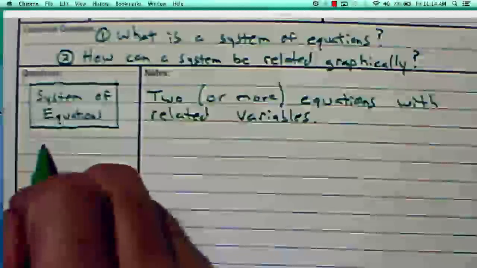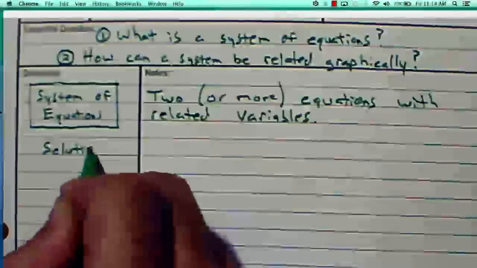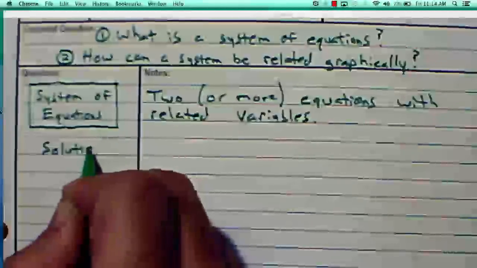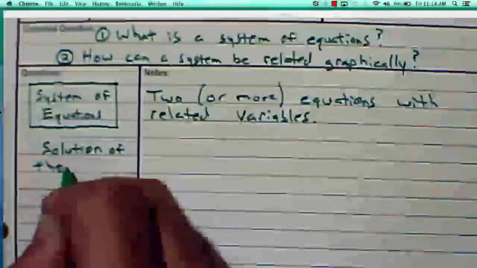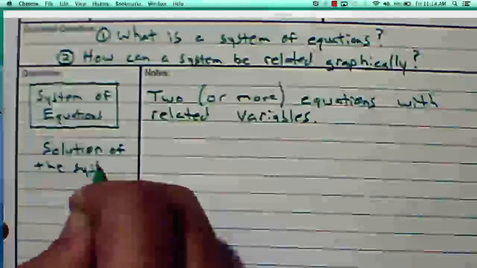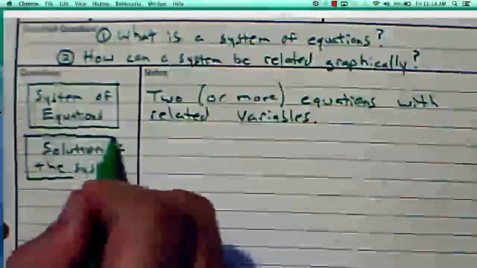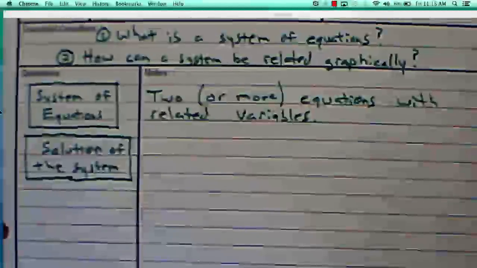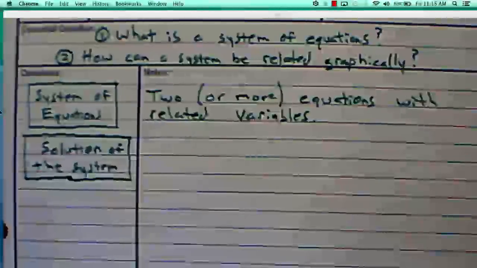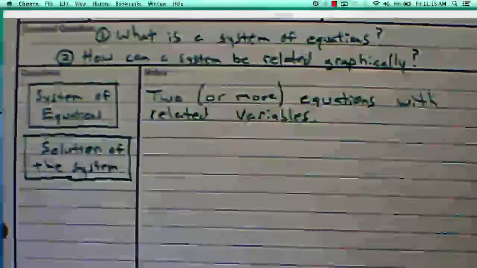What we will be seeking is the solution of the system. Well, much like our previous definition, a solution is a value that makes the statement true.